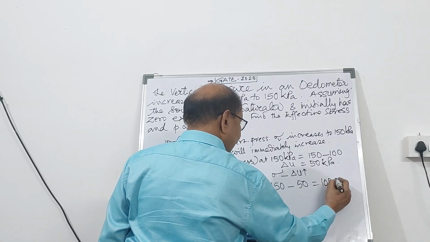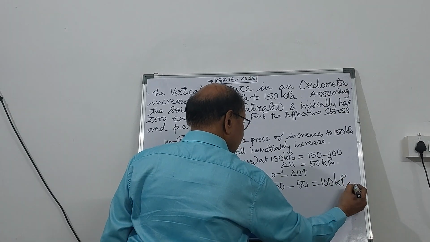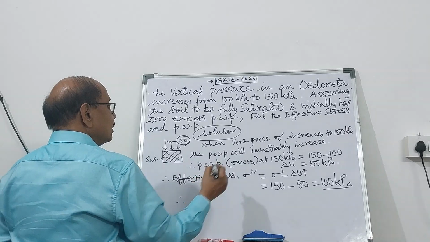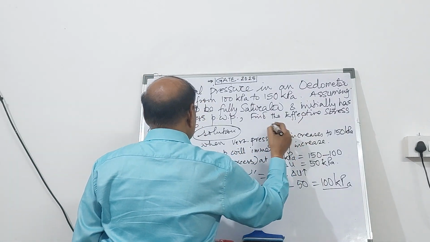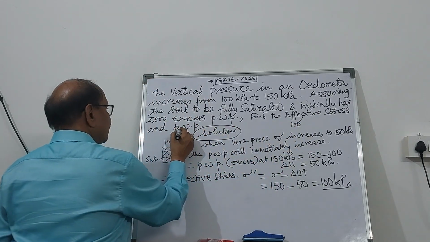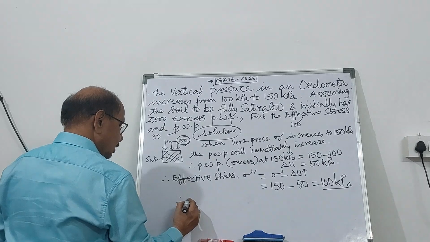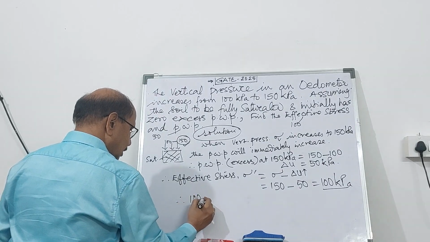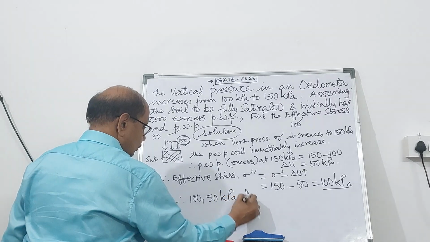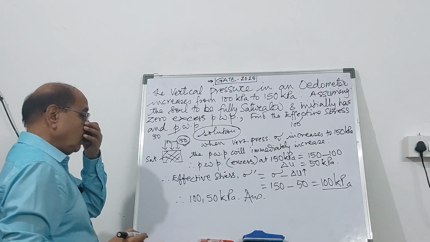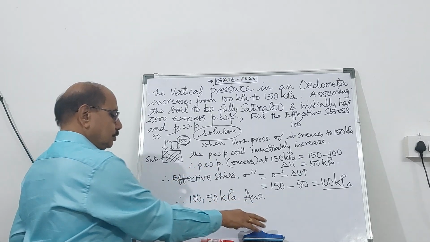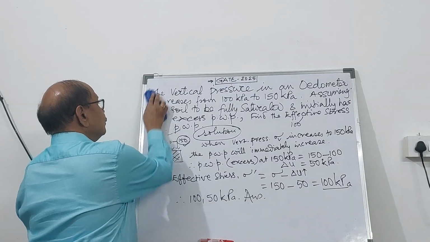So therefore, effective stress becomes 100 kPa. Therefore, the effective stress is going to be 100 and pore water pressure becomes 50. Therefore, the answer is going to be this. I hope this point is clear to all of you.